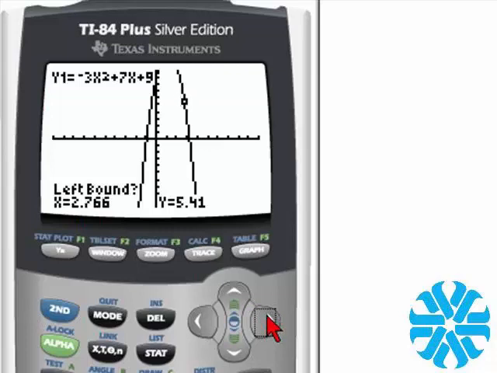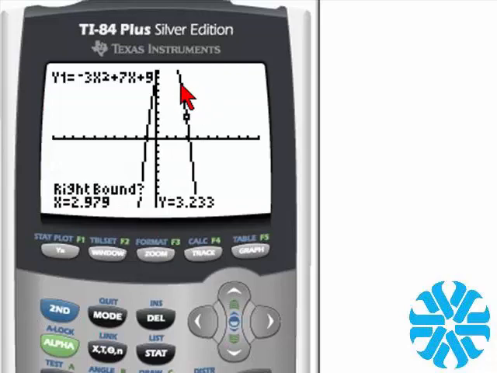There it comes. Okay, once again it says left bound. So here is the intersection point right there. So we need to keep the cursor to the left of that intersection point. Alright, so right here is fine. So we select Enter.